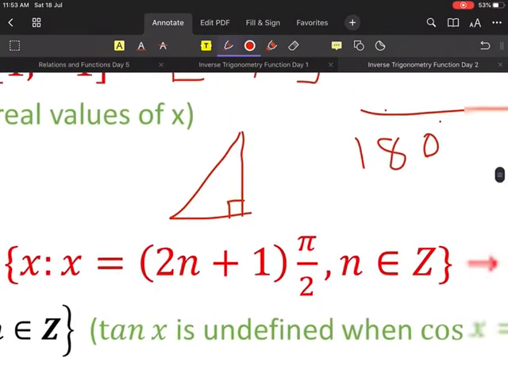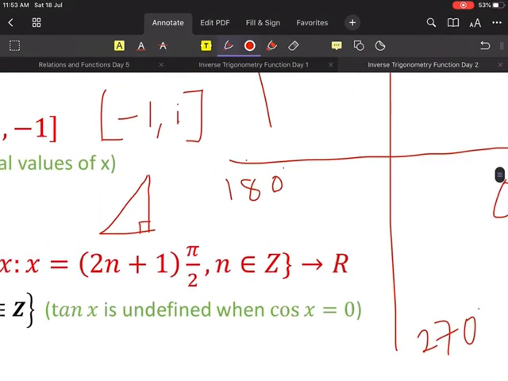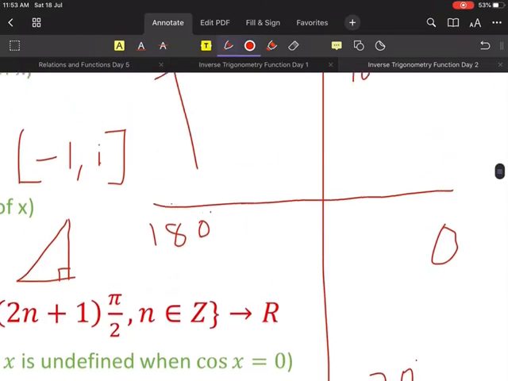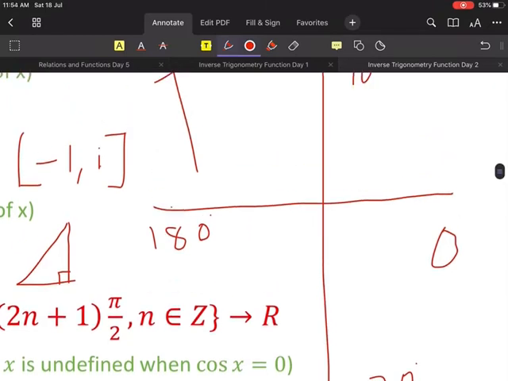Yes or no? Yes, sir. So in here, cos theta, cos is what? Base by hypotenuse, right? Am I clear?